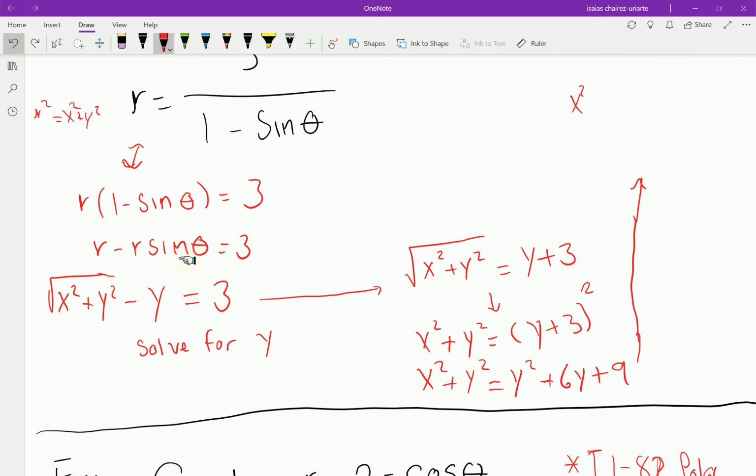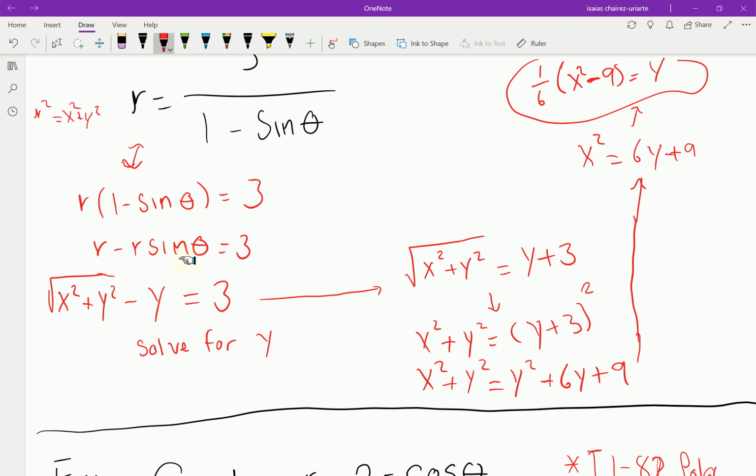x squared is equal to 6y plus 9, which means that if I solve for y now, it becomes 1/6 x squared minus 9 equals y. So I think that's a much more recognizable rectangular equation.